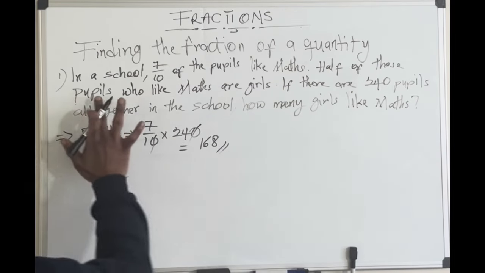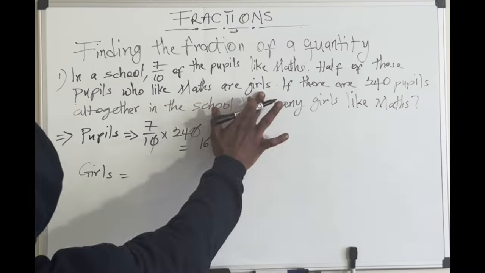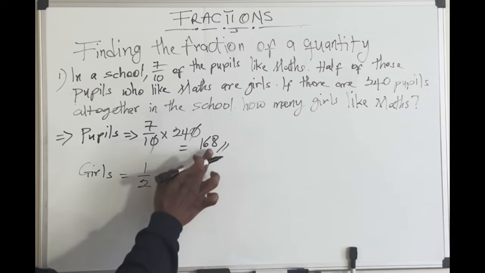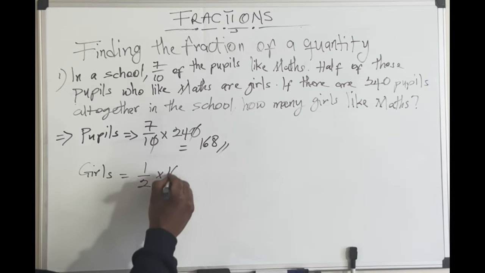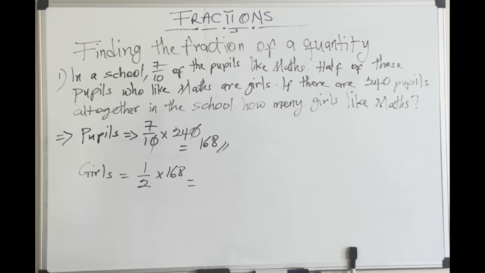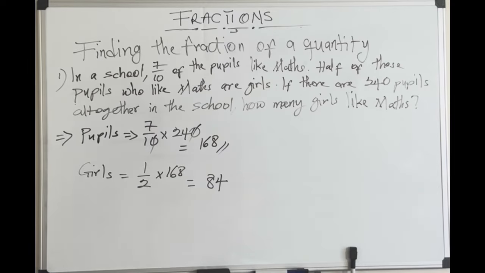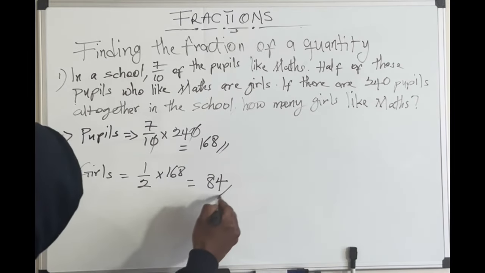Half of those people who like math are girls. So half of them times our 168. 168 divided by 2 will be 84. That will be our final answer.